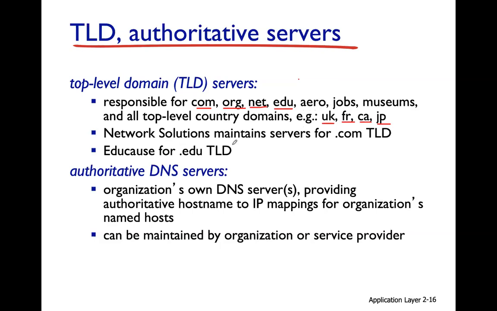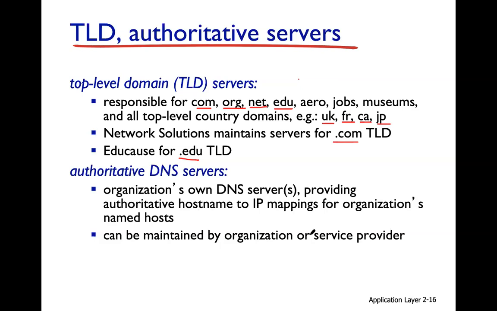Network Solutions maintains servers for the .com TLD; for education, you will have the .edu TLD, maintained separately. Then the authoritative DNS server is the organization's own DNS server, which provides the authoritative hostname to IP mapping for the organization's named hosts.